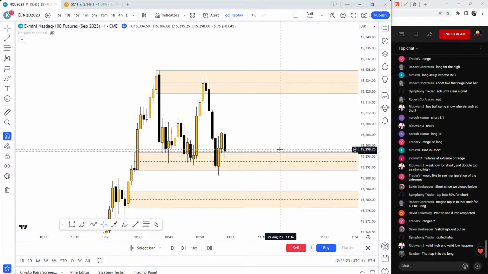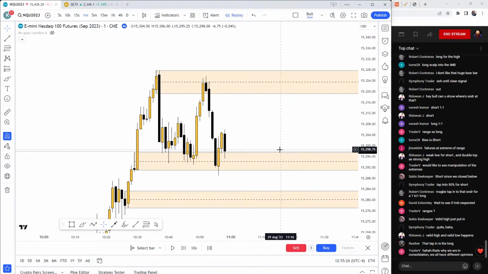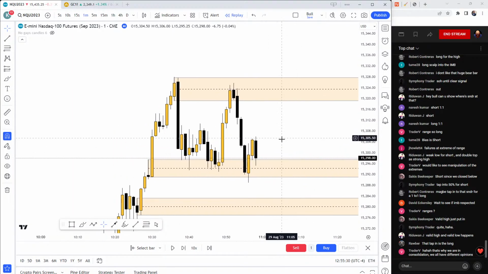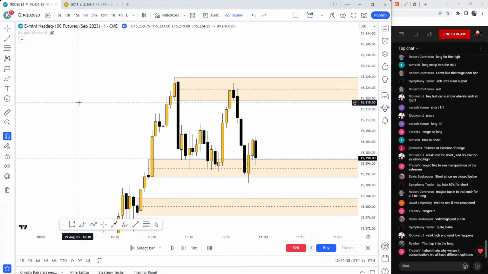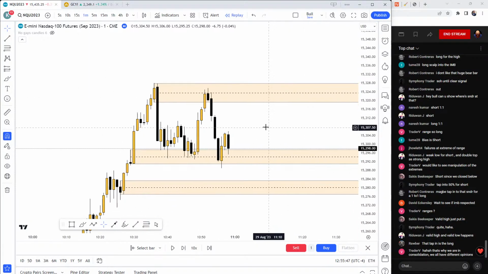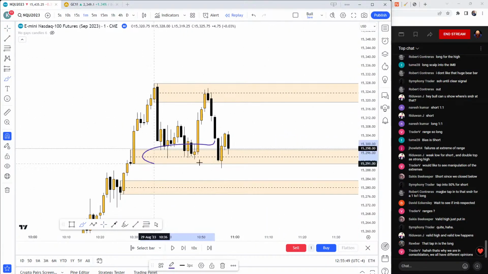That tap in is the long, okay? Consolidation occurs when you have uncertainty. How certain are longs after seeing a bar like this? If you're long, are you more inclined after seeing this to take profits quickly?